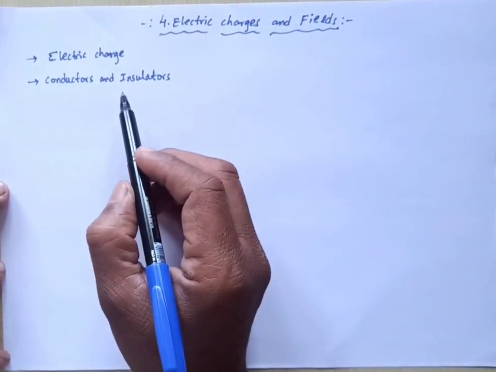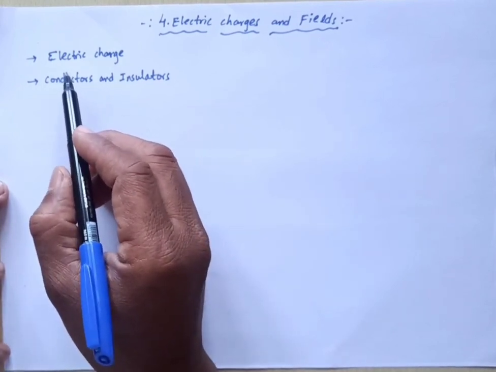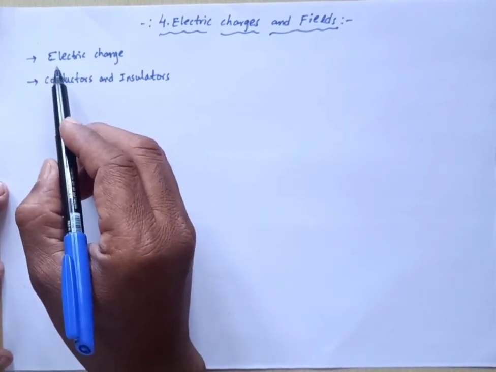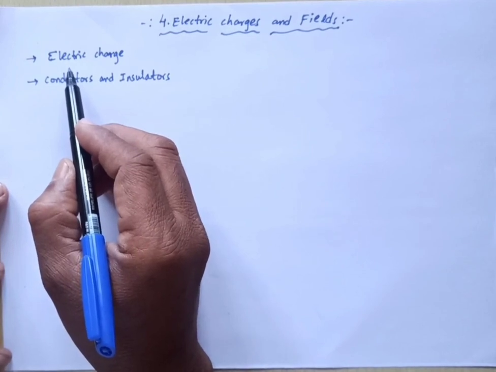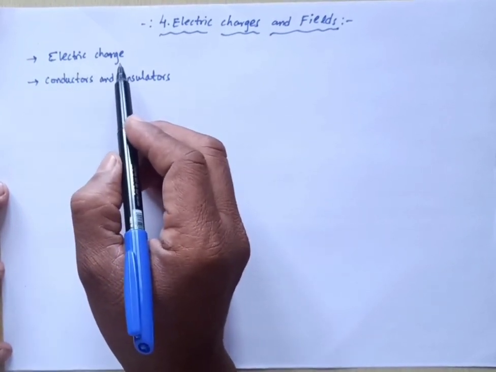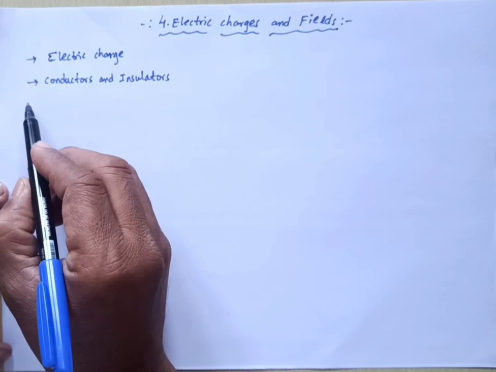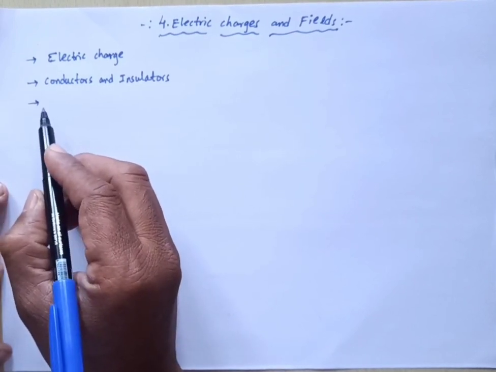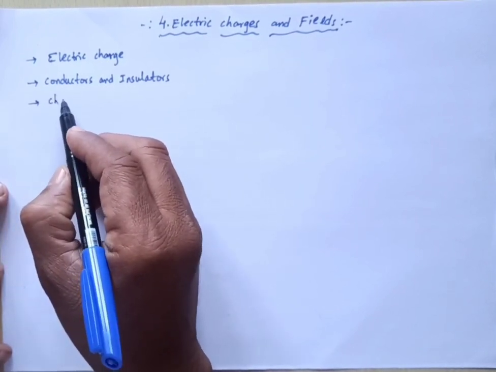In this chapter, we will discuss first of all, what are the topics? First topic is introduction and electric charge, conductors and insulators, and third one, charging by induction.